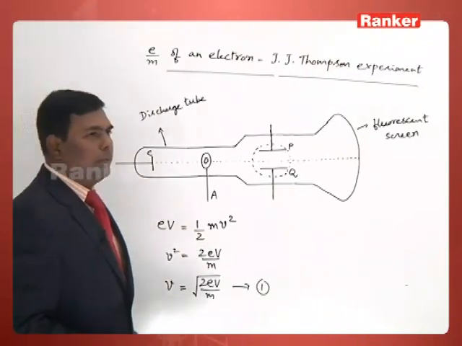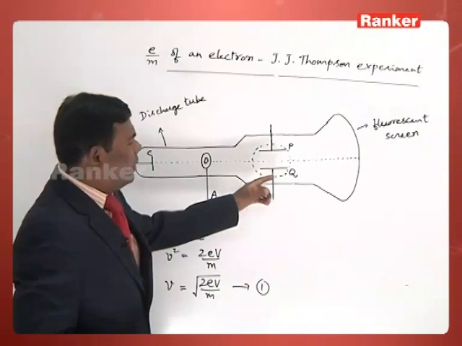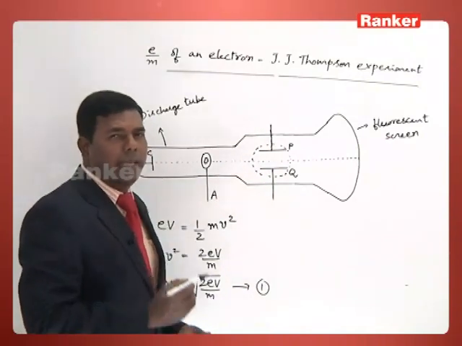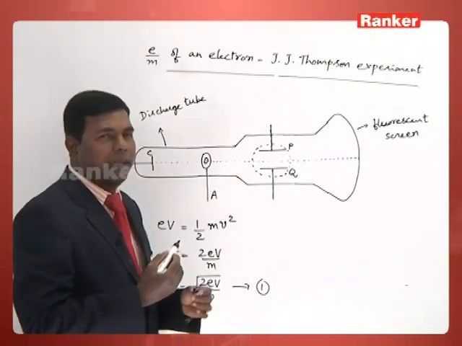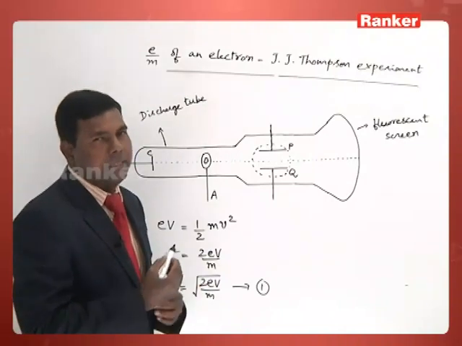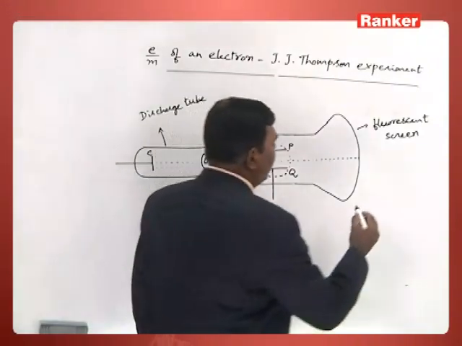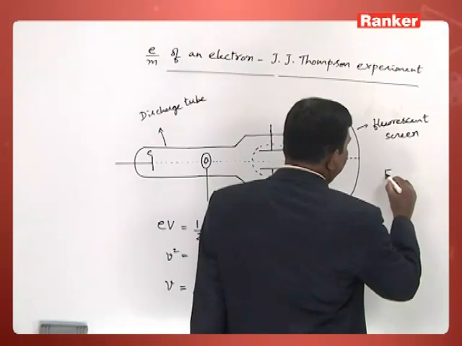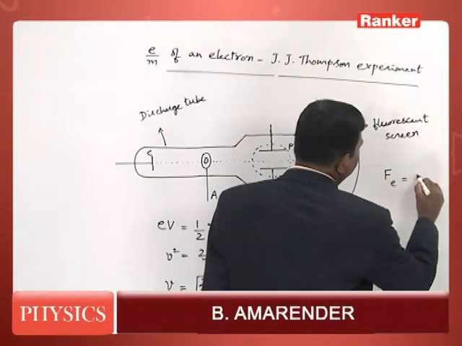Next, we also know that at this point we can cancel off the electric and magnetic forces by properly adjusting the fields. The electric force, let us say Fe, is given by eE.